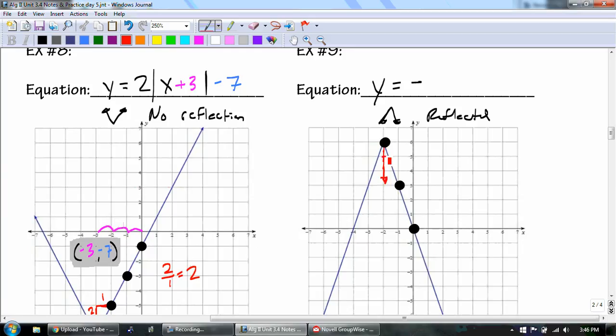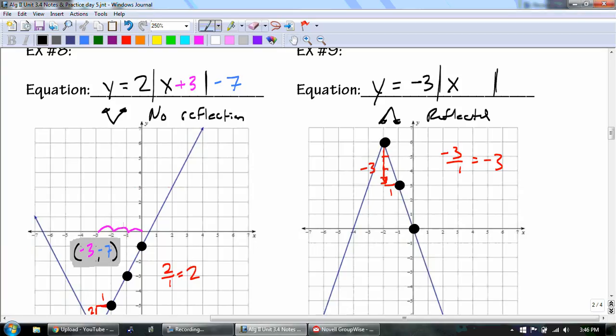And from here we had to go down 1, 2, 3, so I went down 3 over 1. So -3 over 1 is the same thing as -3. And look, I already had the negative sign out. Woohoo!